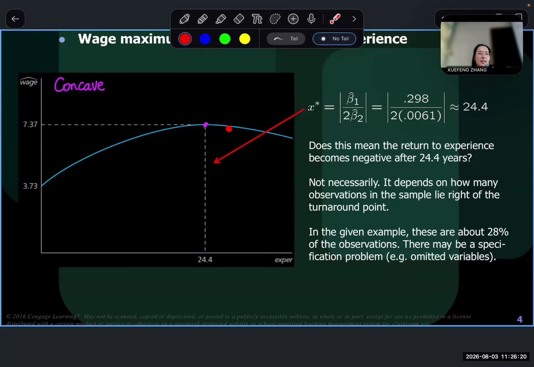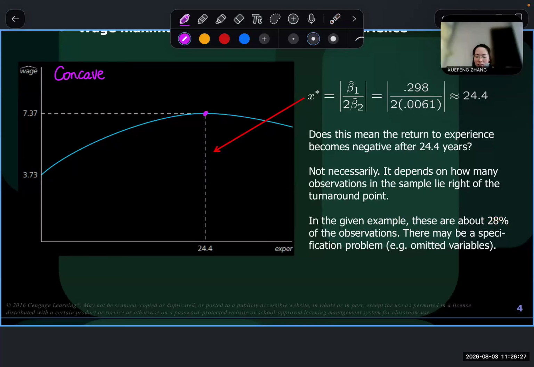Also, you see, only about 28% of the observations have more than 24.4 years of experience. That's a small slice, okay? We are trusting the model in a region where we don't have much data. Maybe we are missing a variable, just like omitted variable bias.